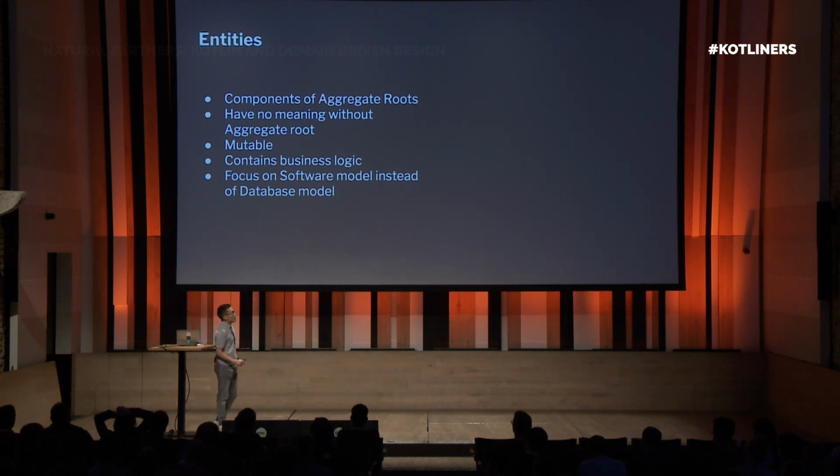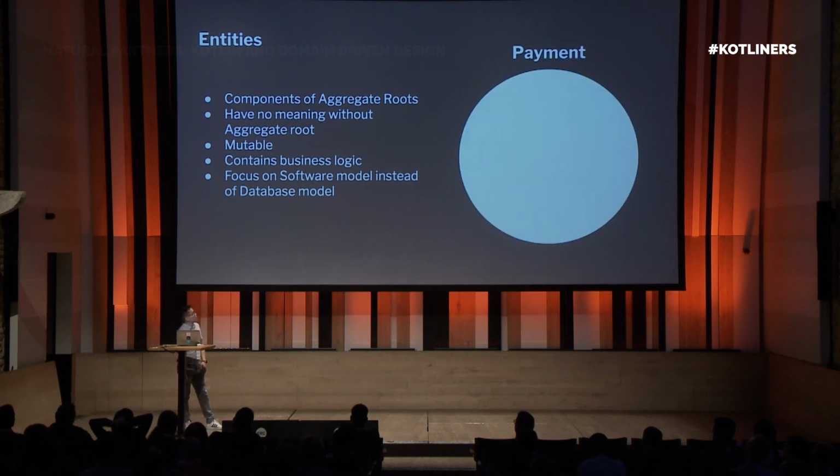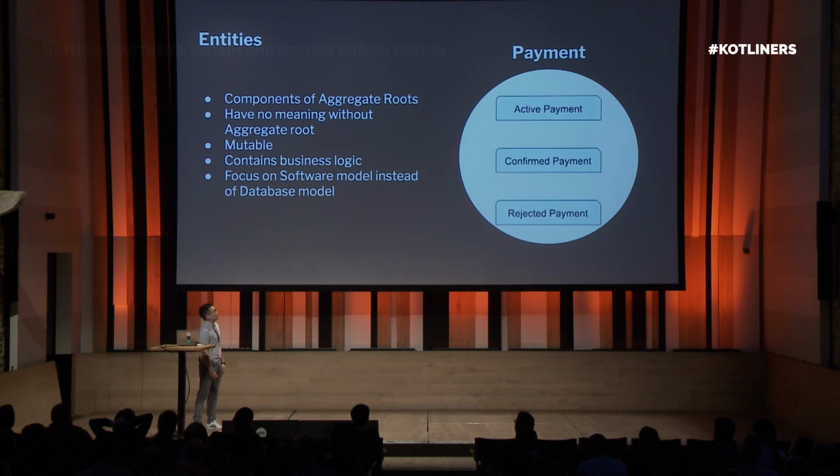But when you're going the DDD way, you have to make sure that the model itself makes sense inside of your application, so that it's easier to process the logic. So you should build your model based on this assumption. As an example again, we have a payment aggregate root, and we're going to have 3 entities in it: active payment, confirmed payment, and rejected payment.